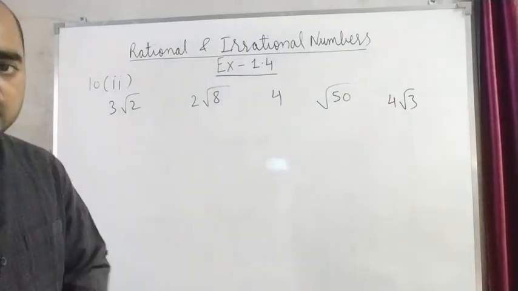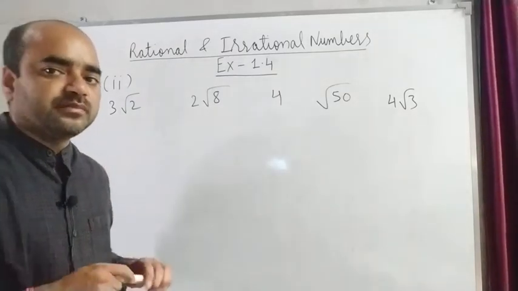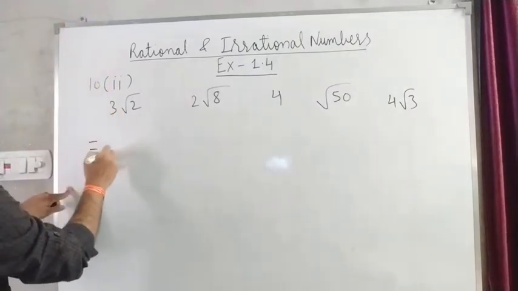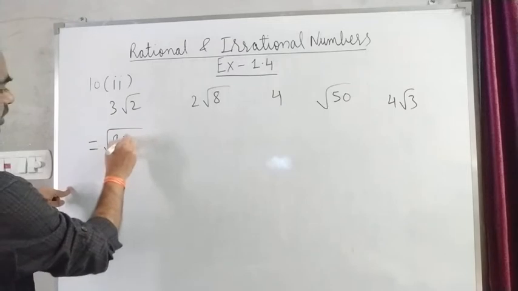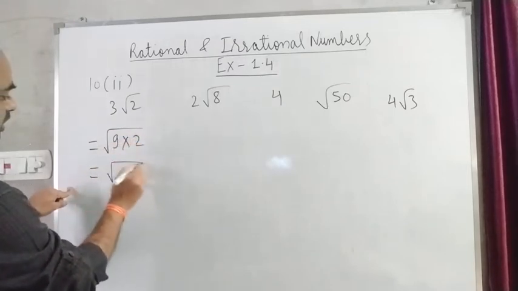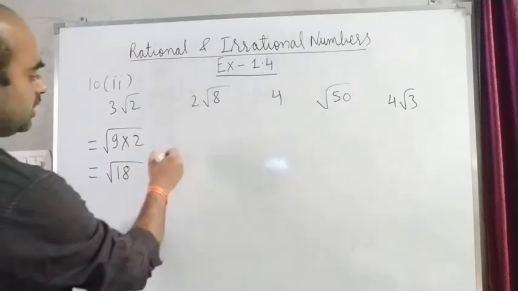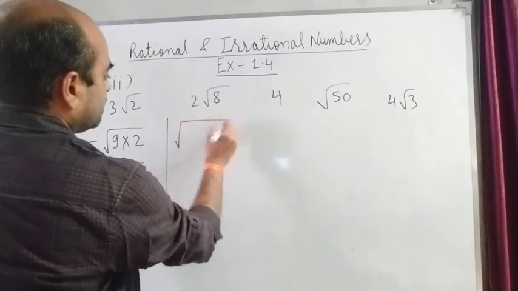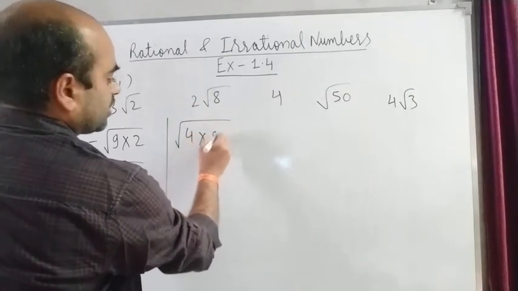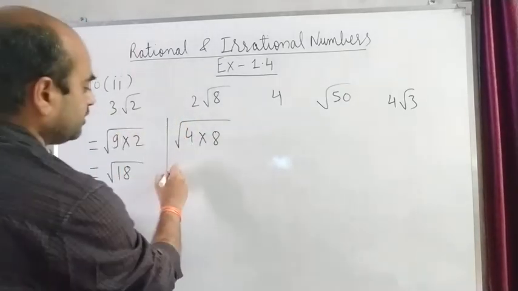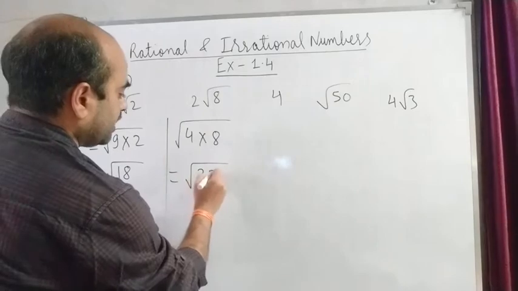So again the same procedure. We have to write all the numbers in a single radical form. So this can be written as 9 into 2, which means root 18. Clear? Next one can be written as 4 into 2, you can cross-check, the square root of 4 is 2, and the square root of 9 is 3. So this will become root 32.